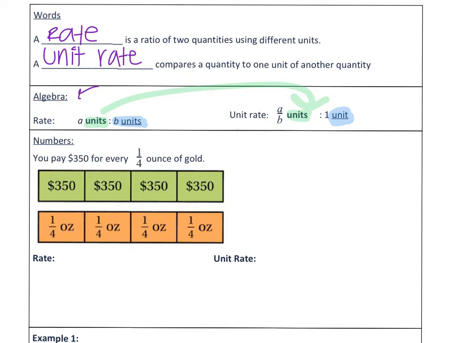Okay, so in numbers, using a real example, you pay $350 for every 1/4 ounce of gold. Okay, so below we have a little diagram. So you can see that in this one it shows $350 and 1/4 ounce. So they're lined up.